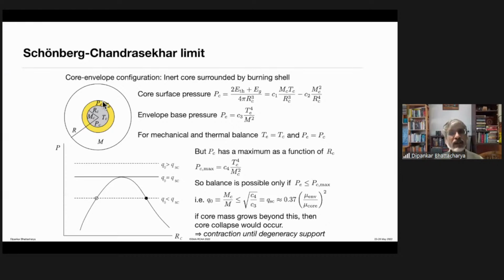The star will rapidly expand because of this extra release of energy, which the envelope has to absorb. And this will drive the star up what is called the giant branch. So that's how the star will suddenly expand and become a large red giant.